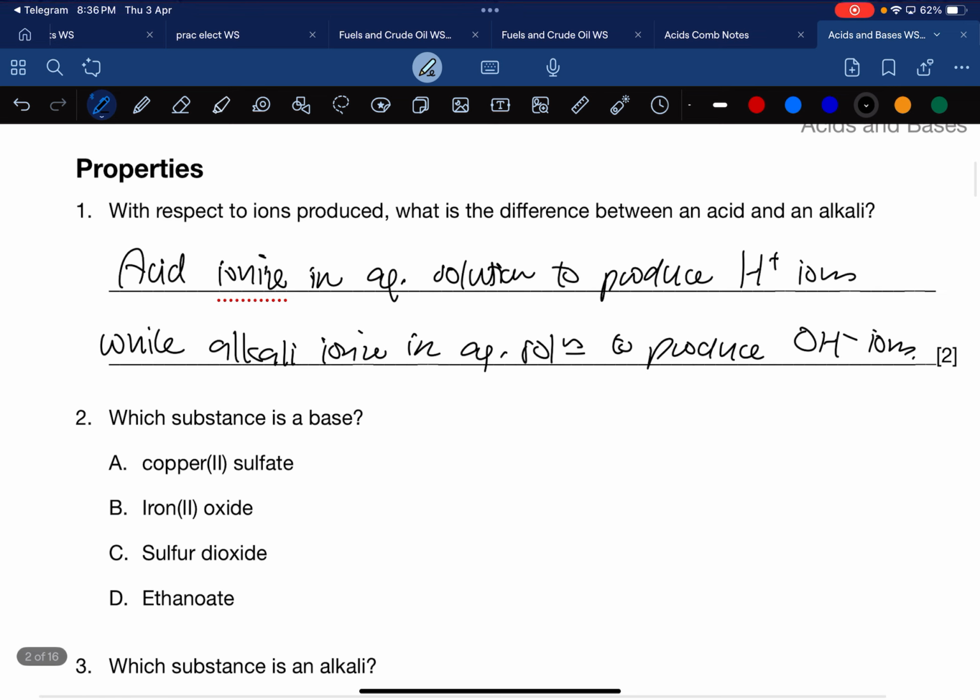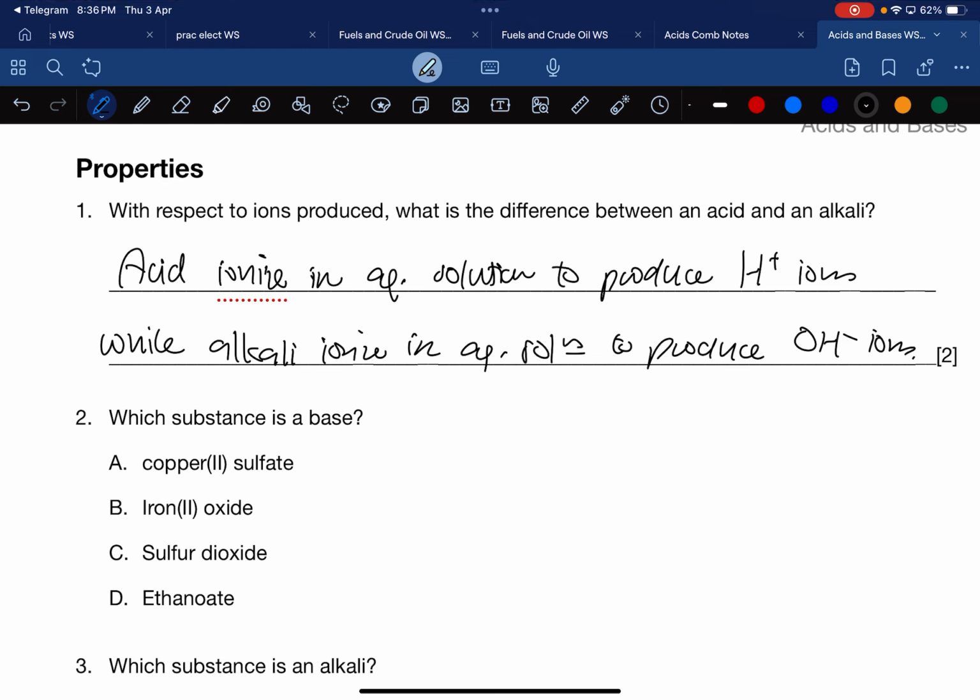Okay, which substance is a base? D for dog?